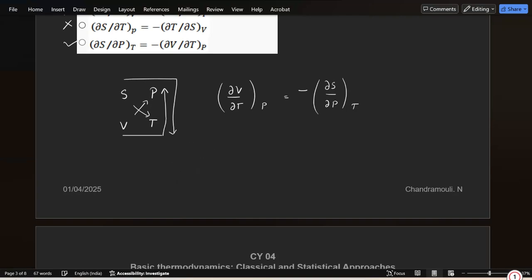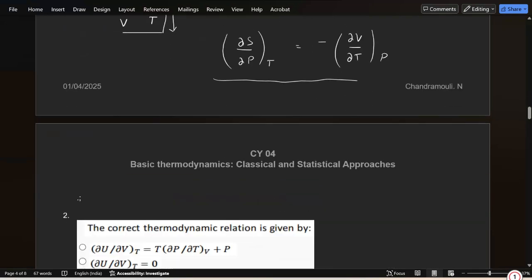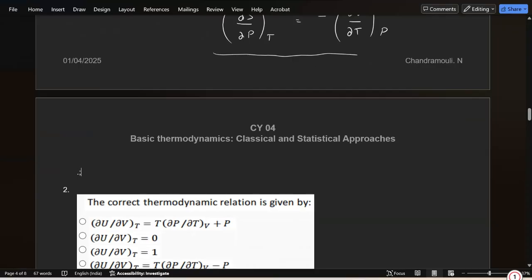So that is exactly what we have here, and that's our answer. It's simple once you learn this technique. Just go through the lectures once and you'll understand that.